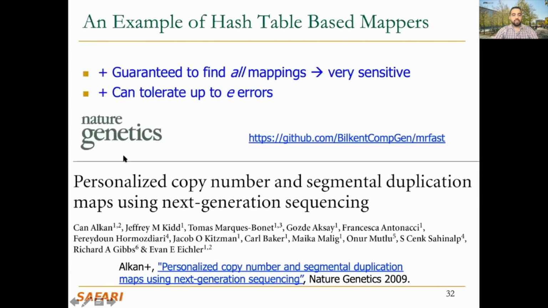All right, let's move on. In this work, published by Onur Mutlu and Can in Nature Genetics, they built one of the first few read mappers, which they called mrFAST at that time. This is one of the first read mappers that used a hash table, basically, and it was very sensitive. The aim of that tool was to maintain high sensitivity. That's why the hash table is very large and takes a very long time to build, because they consider all kinds of seeds.